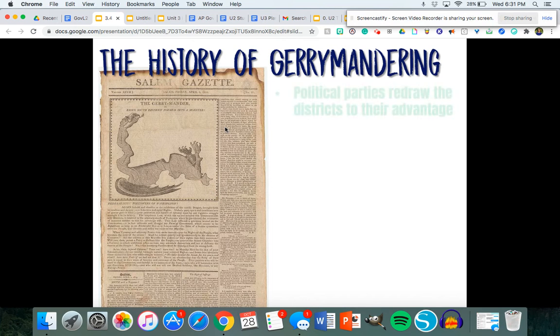Now, the history of gerrymandering dates back to the early 1800s. Gerrymandering is when districts are redrawn to basically give a certain political party or maybe a candidate an advantage in an election.